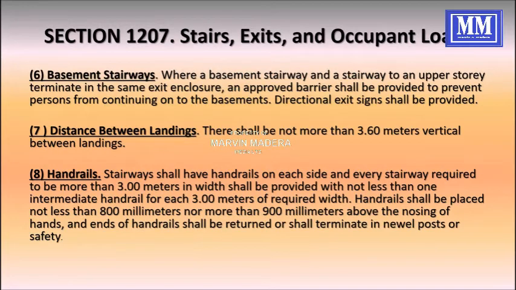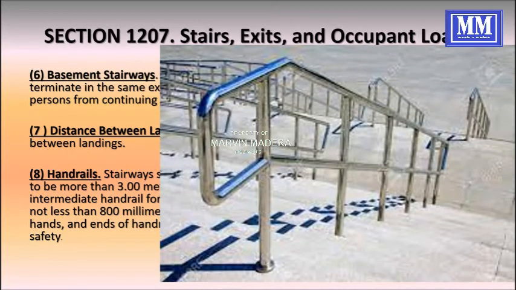Handrails shall be placed not less than 800 millimeters nor more than 900 millimeters above the nosing of the treads, and ends of the handrails shall be returned or shall terminate in a newel post or safety terminal. So we have here a sample of handrails, with a height not more than 900 millimeters, and at the end of these handrails there should be a safety feature.